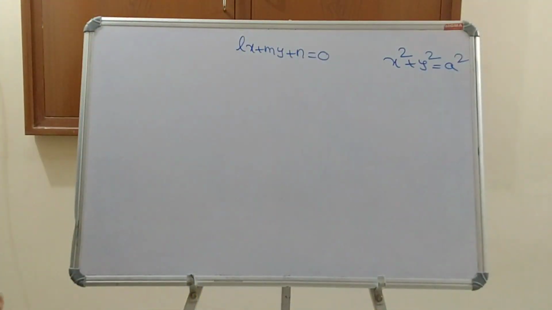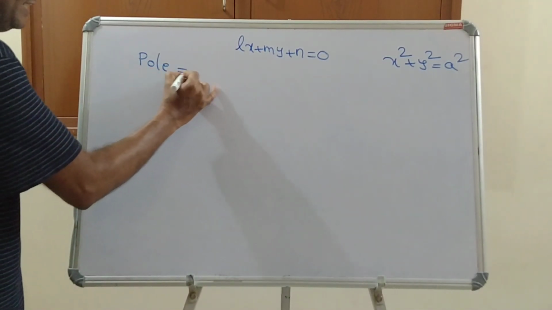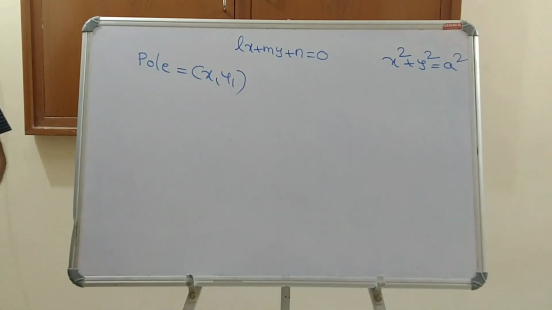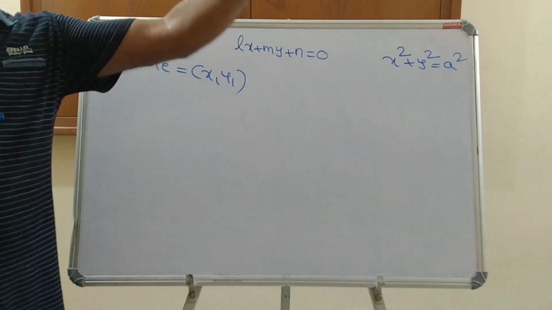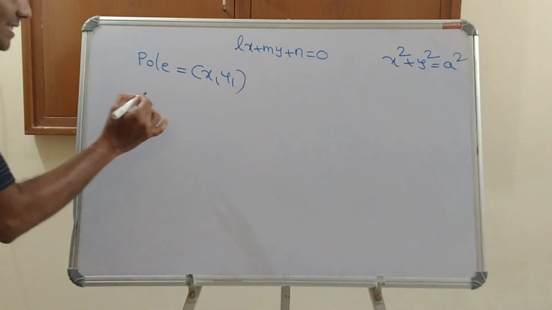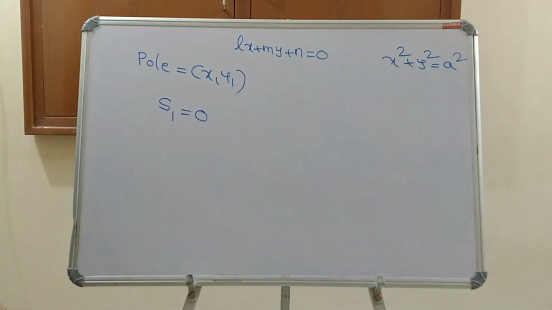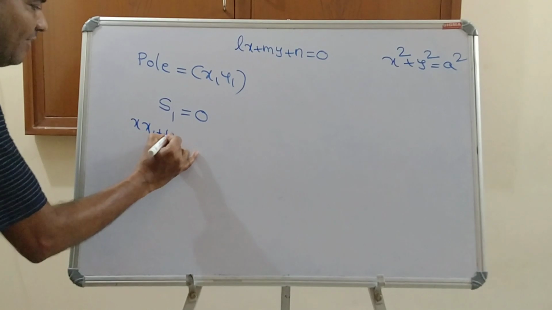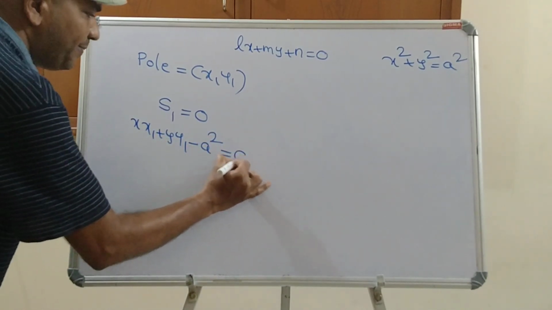Now, let us take the pole equal to x1, y1. The equation of the polar of x1, y1 with respect to the circle, that is S1 equal to 0, means x x1 plus y y1 minus a square equal to 0.